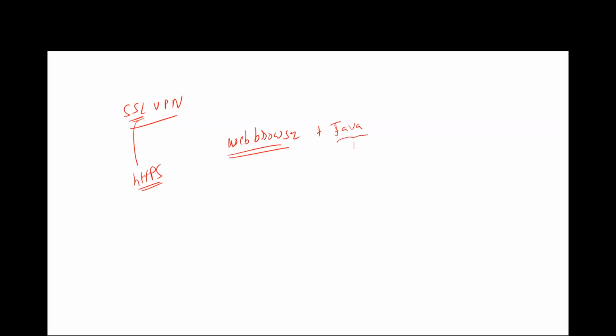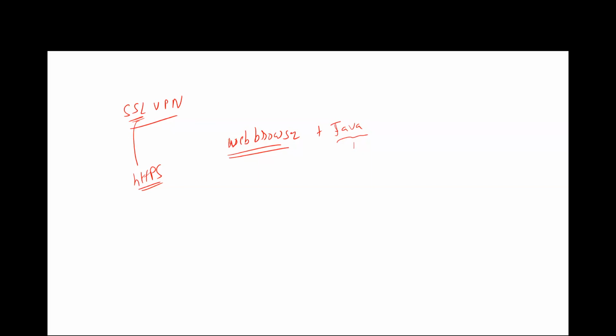Once the data is encrypted by Java, then using our web browser, we will send the request to the internet. Whatever data we have to send from our user computer to the firewall, we have to first encrypt it using Java.